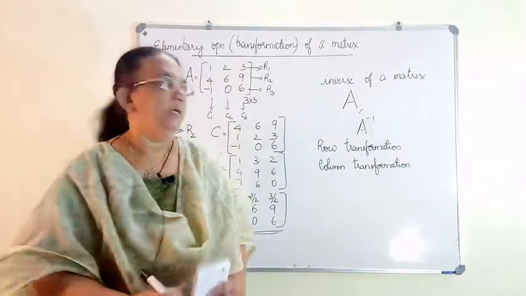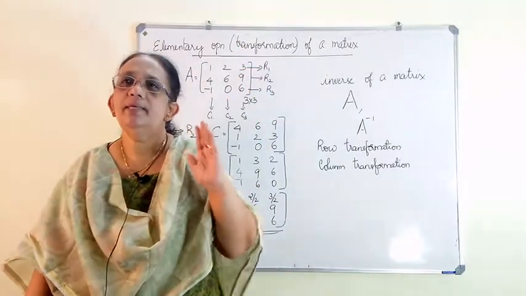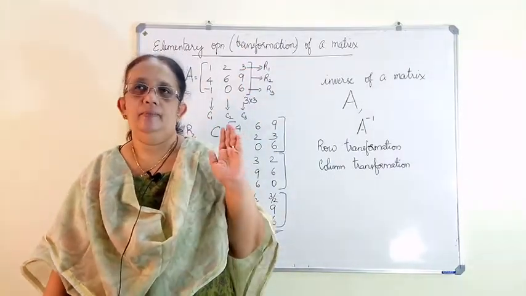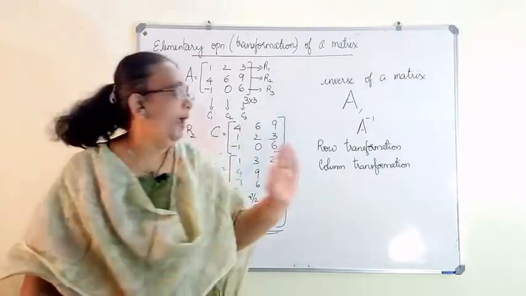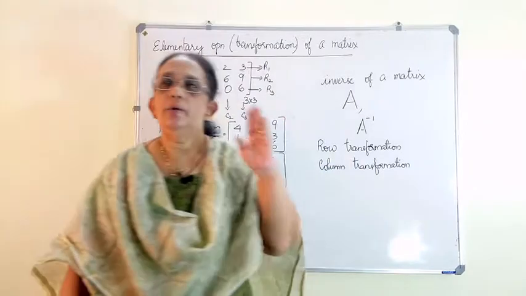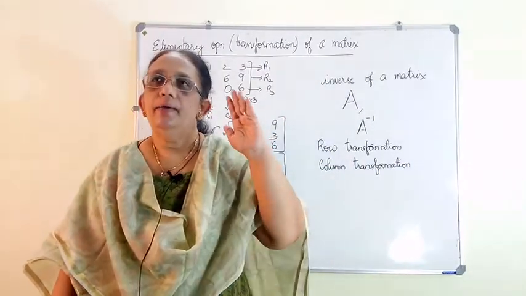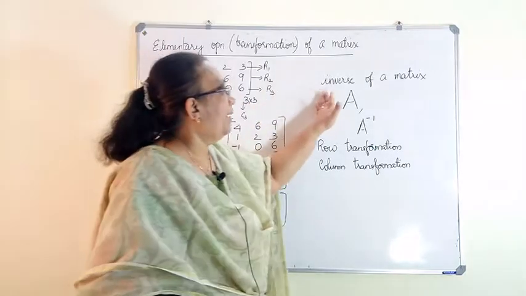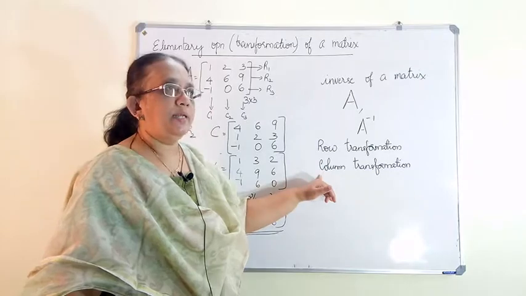But what about row transformation? Throughout the question, you have to make the changes only in rows. And column transformation means you have to make the changes only for columns. And you have to discuss how to find the inverse of a matrix using row transformation and column transformation.